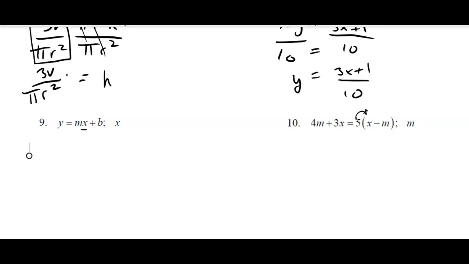So you would do your distributive property. Get the m's to the same side. And then after you do that, subtract your x's to either side and divide by whatever number is in front of the m. So it's pretty similar to number 9. Just a couple steps before it.